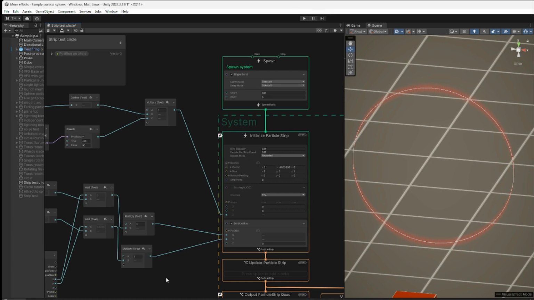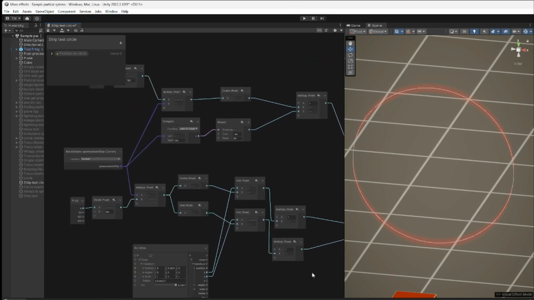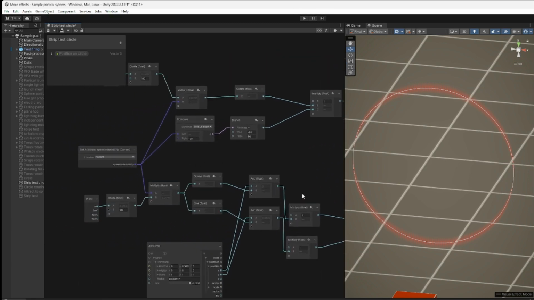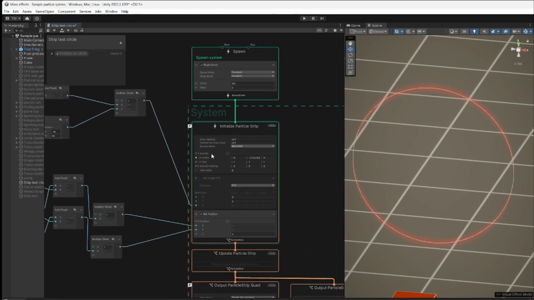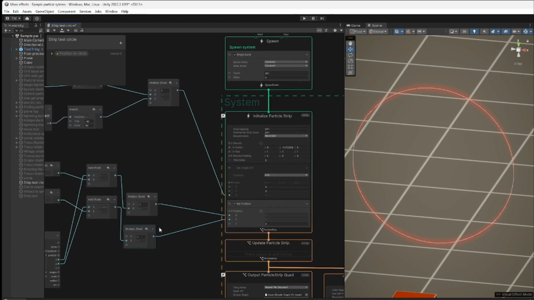So what we see here is I have our same formula for creating our circle with our sines and cosines. In this case, instead of creating a particle quad, I am creating a particle strip. You can choose what this block is, so instead of a particle quad, it's a particle strip. And I'm setting the position.